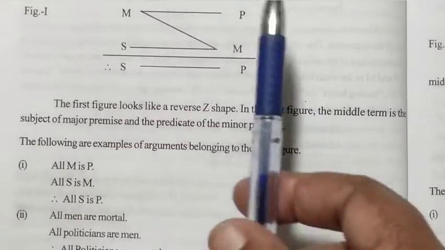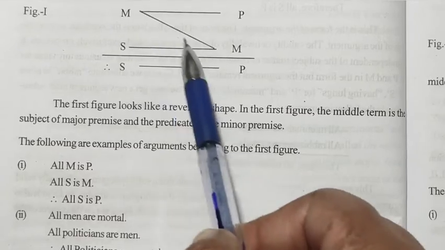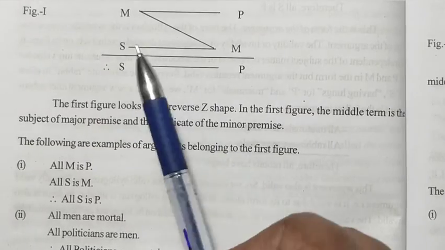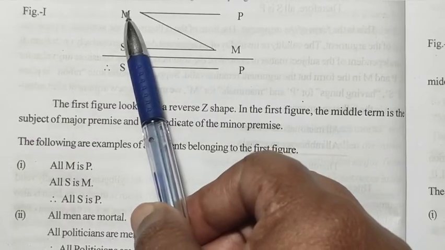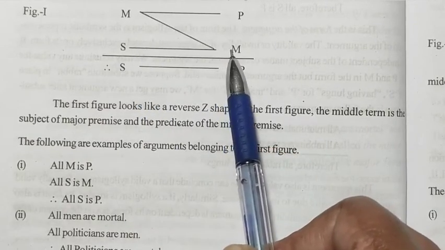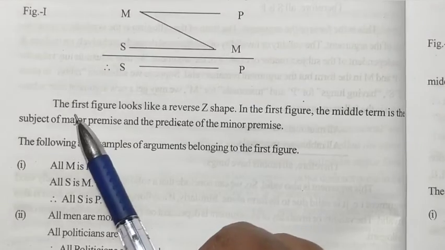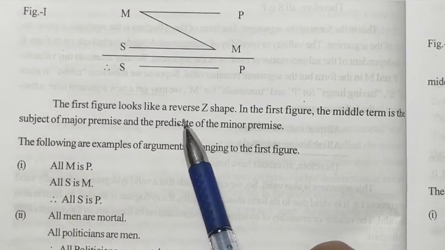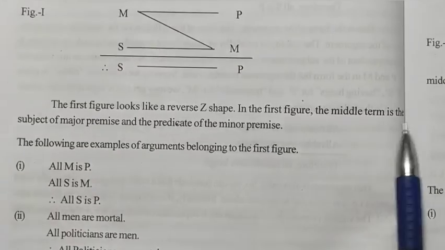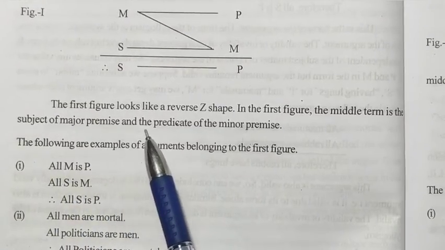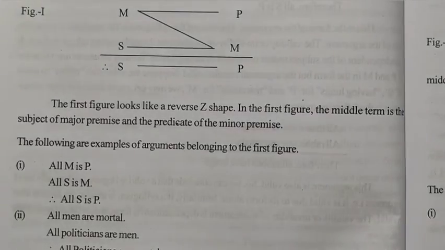Figure 1. Here M is the middle term. The position of the middle term is subject place and predicate place: subject place in the major premise and predicate place in the minor premise. The first figure looks like a reverse Z shape, and in the first figure the middle term is the subject of the major premise and the predicate of the minor premise.